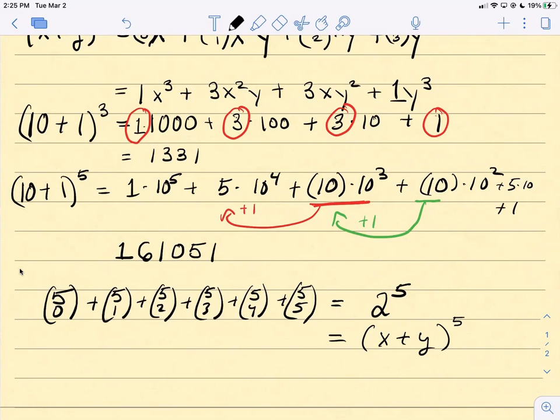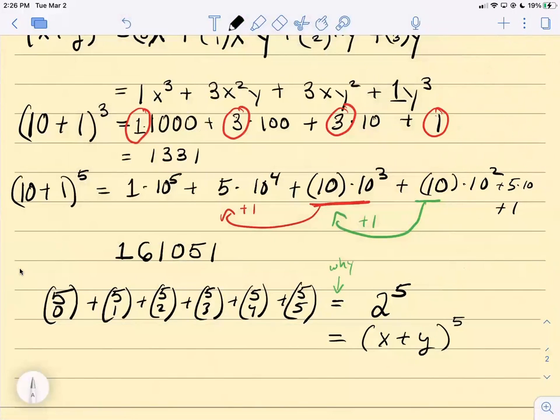So we want to know why this is true. Can anyone see a pair of numbers, one number for x and one for y, not 3 and 2, not 4 and 1?